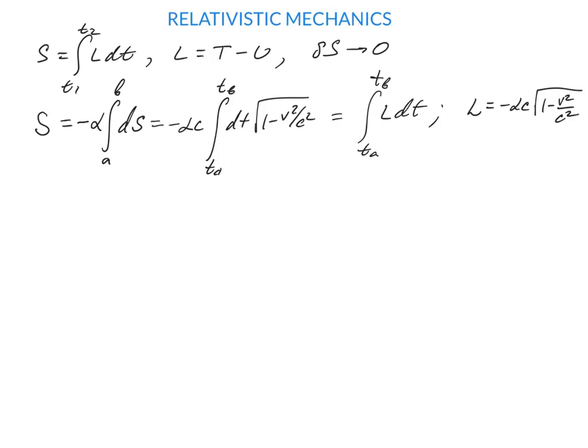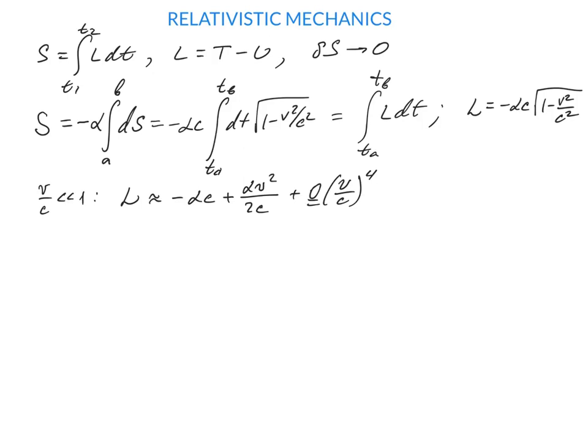Now, in the limit where v over c is much less than 1, we can expand the Lagrangian to the leading order in v. So we'll find L is approximately equal to negative alpha c plus alpha v squared over 2c plus terms of order (v over c) to the fourth. Now, in the non-relativistic limit, we should recover our non-relativistic mechanics.